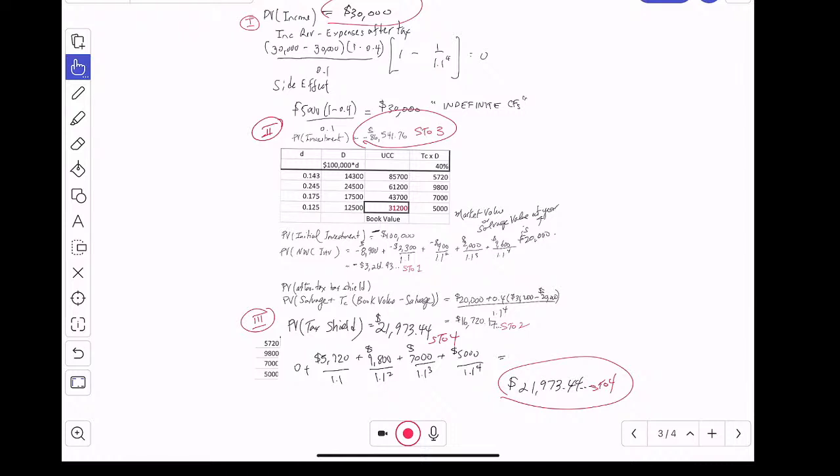So your final answer, so I get the exact decimals if I don't round anything.